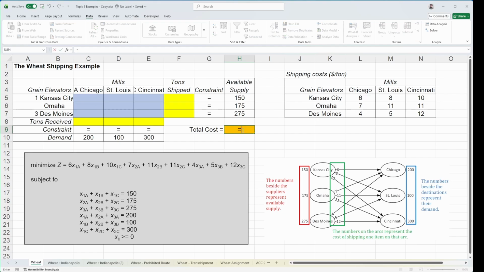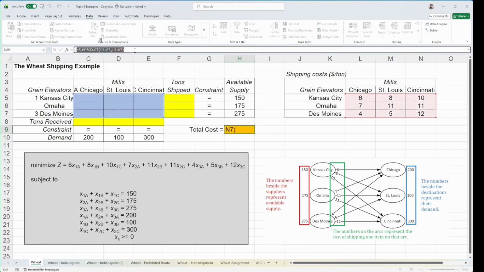So here we just need to do a sumproduct. Take 2 parameters, the variables and the coefficients. So these are the variables, and these are the coefficients. This formula will calculate the total shipping cost.